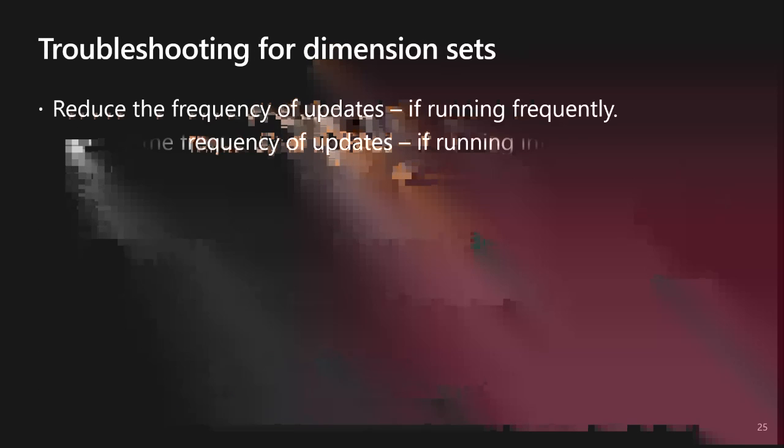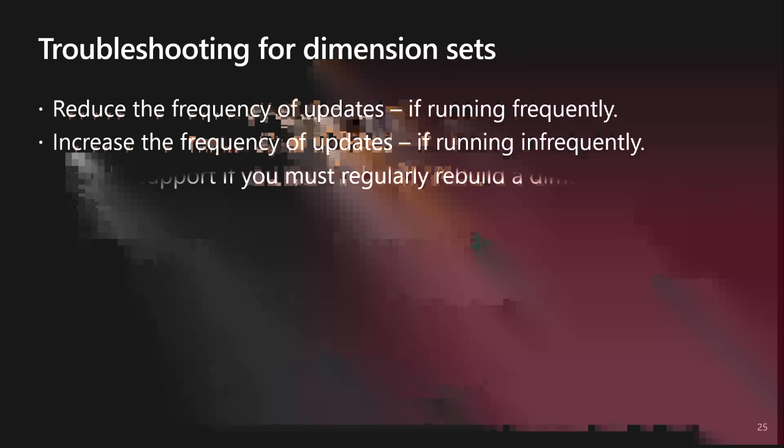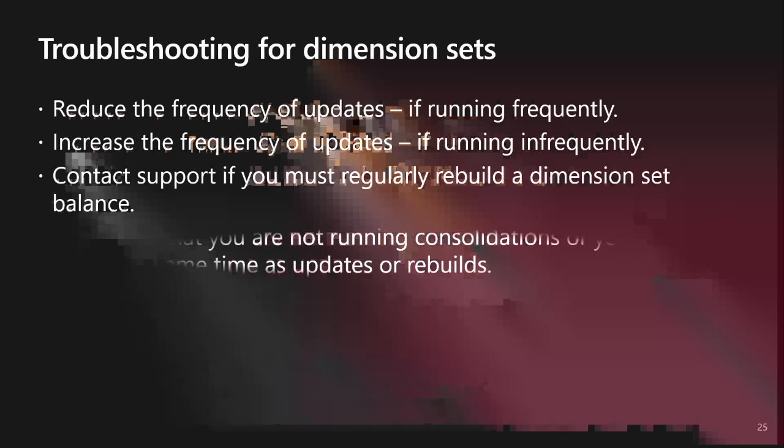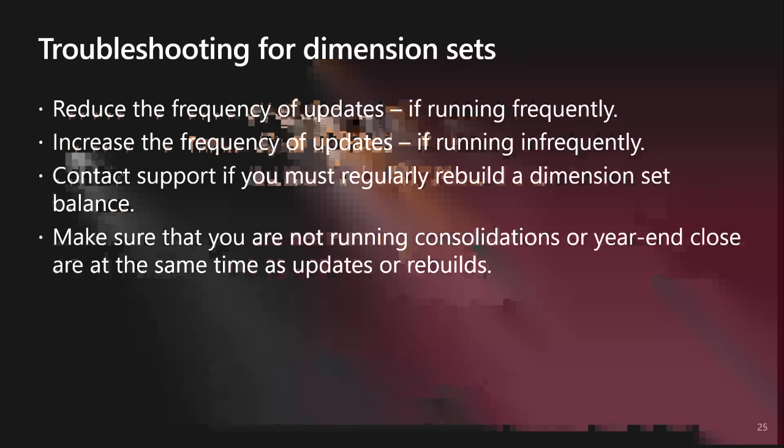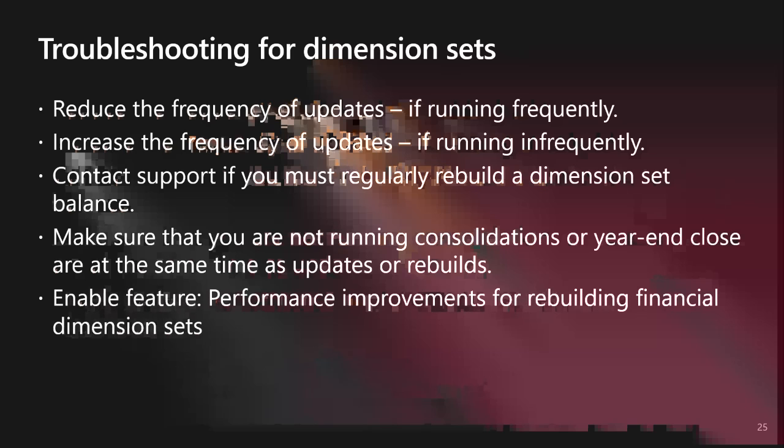Now, a little bit of troubleshooting for dimension sets. If you are facing performance issues with your dimension sets, there are several troubleshooting techniques that you can try to improve the performance. First is to reduce the frequency of the update balance jobs if the recurring schedule is too aggressive, so they don't conflict with users accessing the reports as frequently.